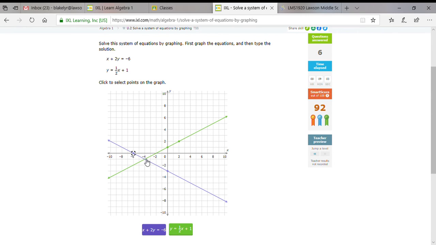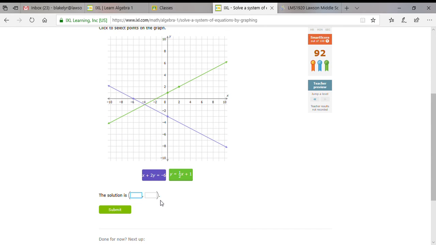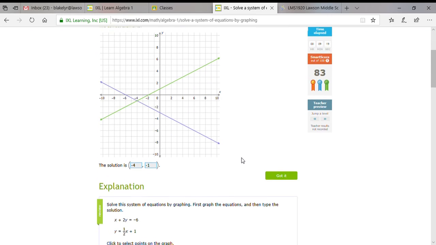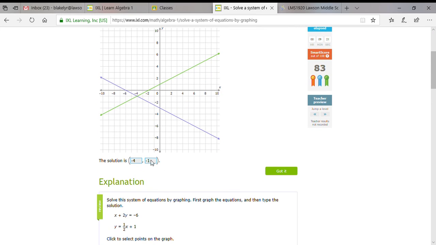So our solution to the system looks like it's here, -4, -1. But let's say I put -5, -1 by accident. Sorry, incorrect. So the solution is -4, -1, like we said.